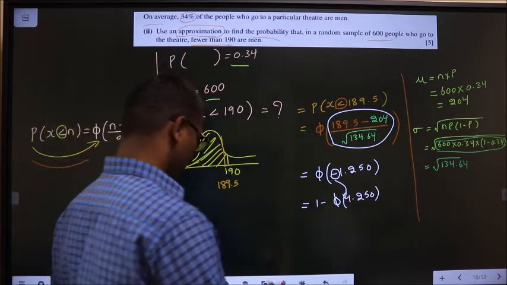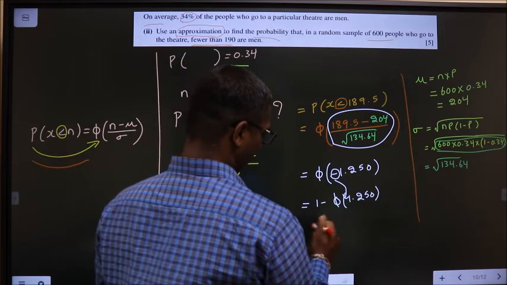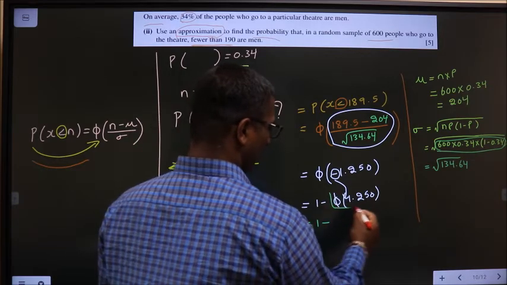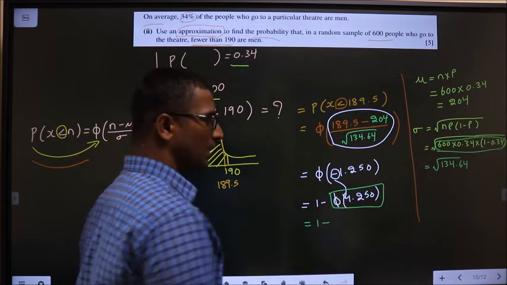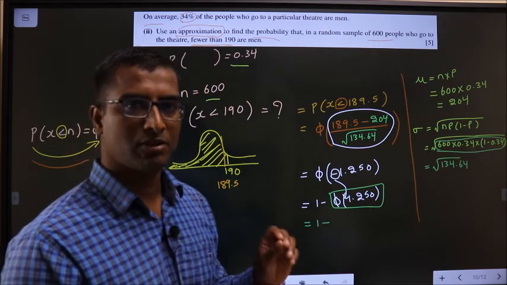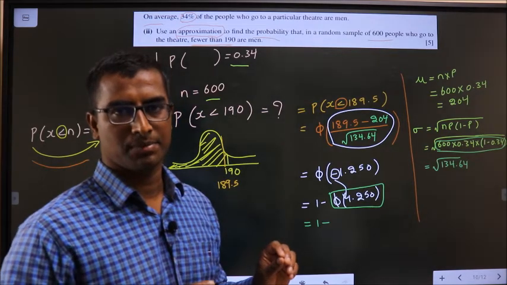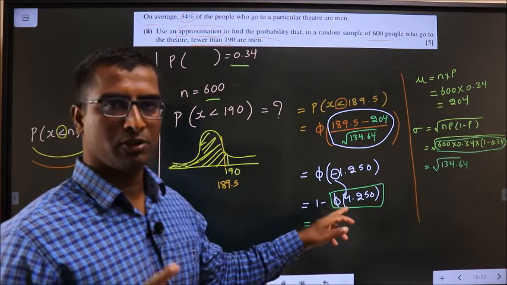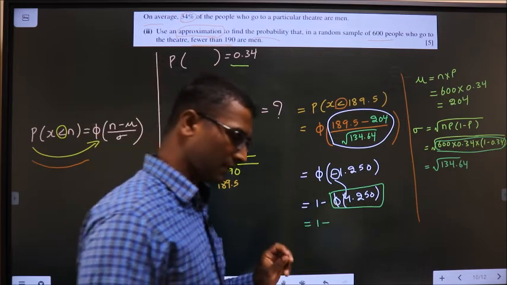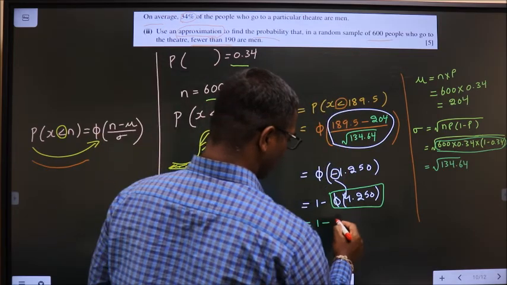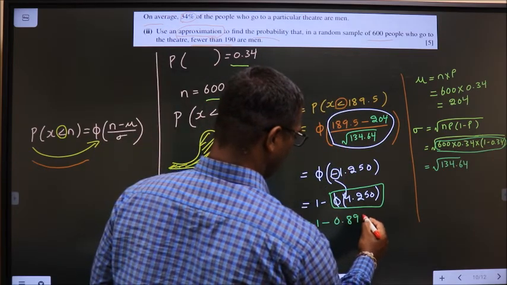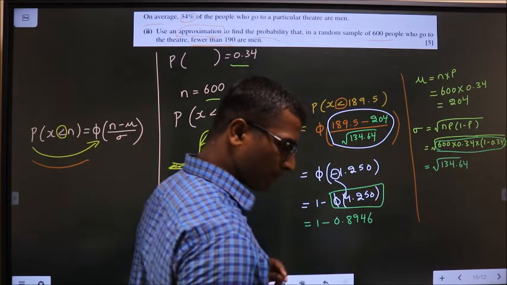Okay, now this value you will get from the normal distribution table. If any doubts in using the normal distribution table, look at the playlist given in the description. So this value you should get to be 0.8946.